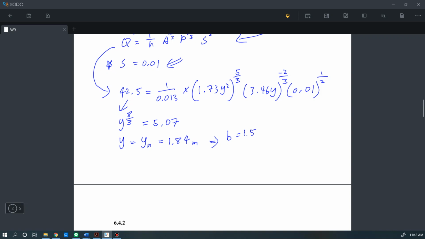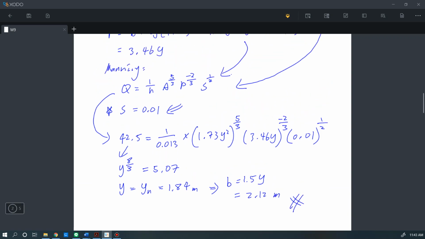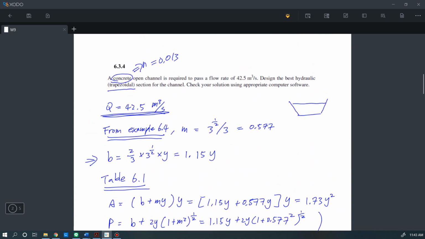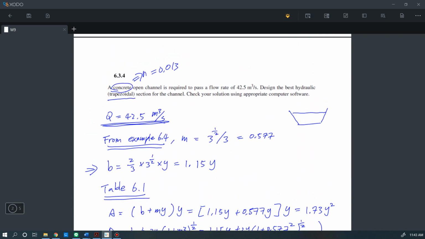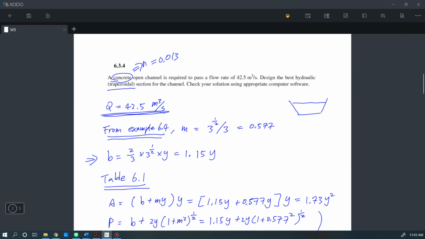That's 1.15y, which is equal to 2.12 meter in this case. Okay, so we solve for y, the depth of the water, and the width of the channel for this problem.